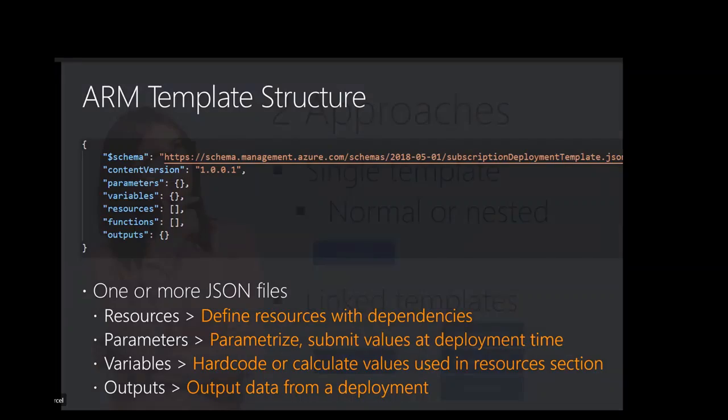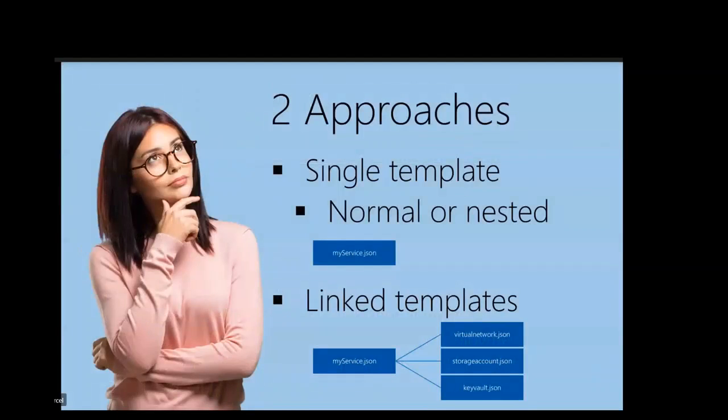Now, depending on your exact needs, there's 2 main approaches to work with ARM templates. So you can go with, let's say, the simpler approach, which is a so-called single template approach. So that means you will create one single file, one JSON file here, myservice.json, and this single file contains a description of your full service.